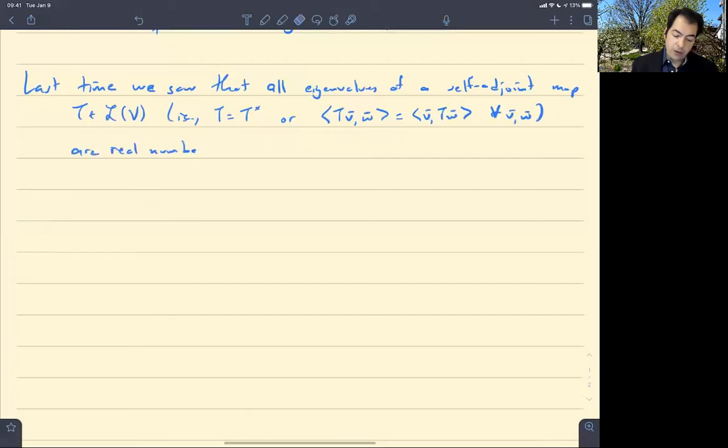So even if you're working over the complex numbers, if you have a self-adjoint map, then the eigenvalues are automatically real.